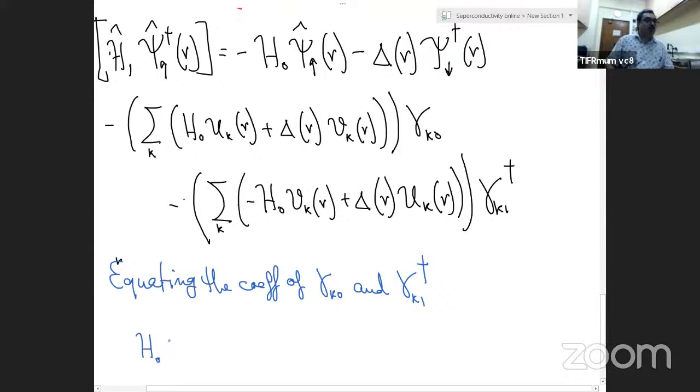H naught u_k of R. H naught, remember, is the free electron first quantized Hamiltonian, which is nothing but minus h cross squared by 2m del square.